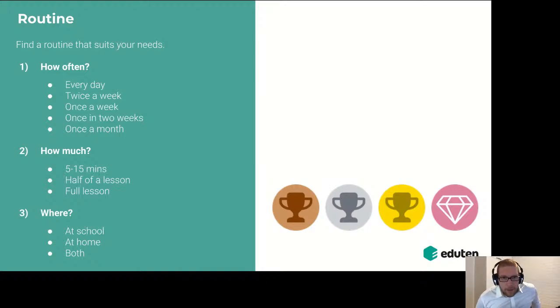First, of course, we need to define how often. And now I'm talking about digital learning. So what are we going to do? Do we use a platform every day? If we do use a platform every day, how much time do we spend on it?